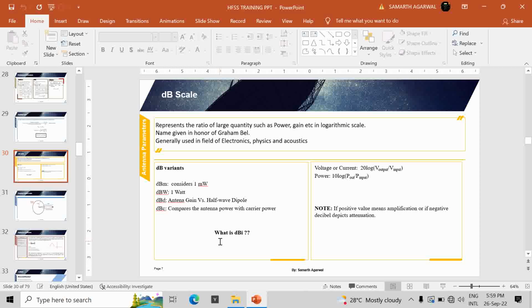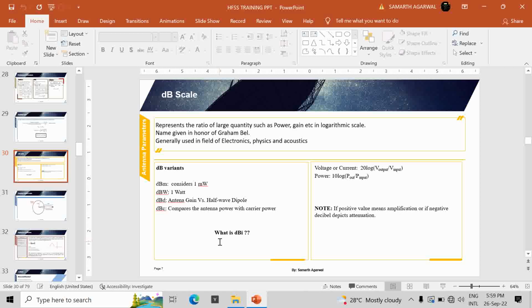Now regarding the dB variants, other types of dB scale: dBm, dBW, dBd, dBc. dBd means antenna gain versus a half wave dipole. dBW, where W is capital, is antenna gain with respect to 1 watt power. dBm is with respect to 1 milliwatt, whereas dBc compares the antenna power with the carrier power.